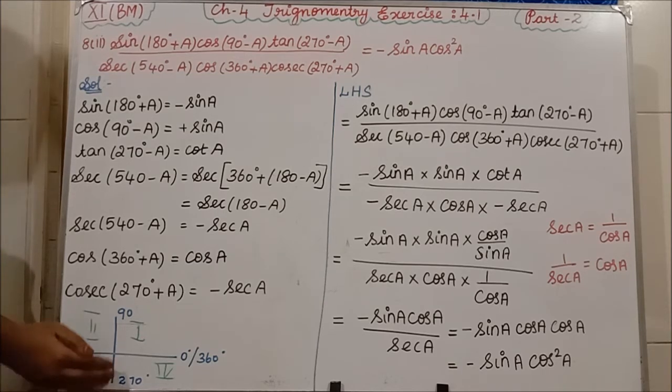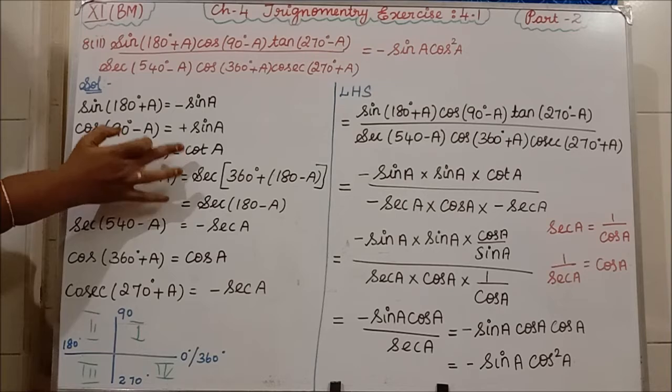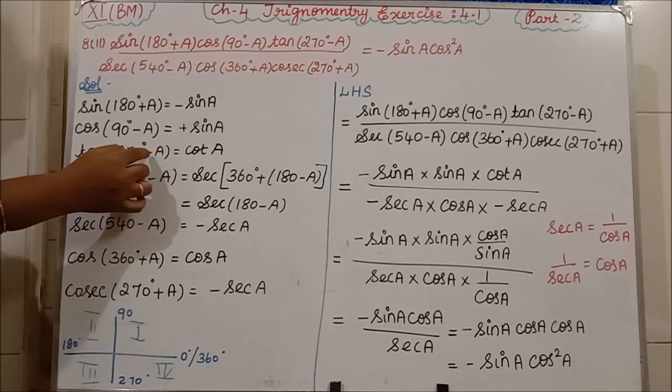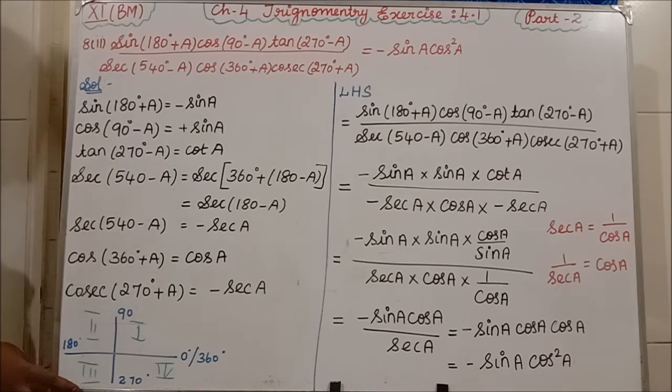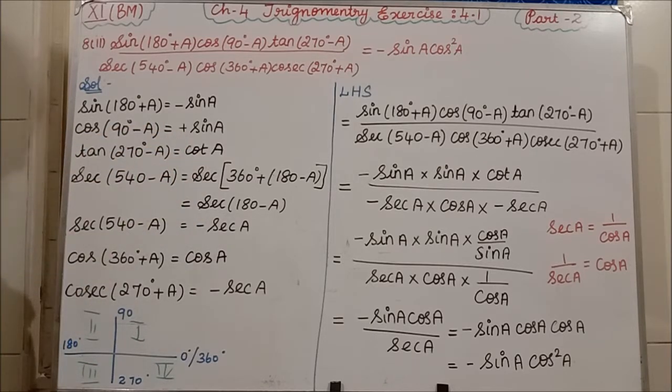Instead of A, whatever value you give, it will lie in the third quadrant only. Whether in third quadrant tan is positive? Yes, tan is positive only in the third quadrant. So no minus sign, we have positive cot A. Clear? Because tan 270 degree minus A will lie in the third quadrant, and in third quadrant tan is positive. So here also you are getting positive.